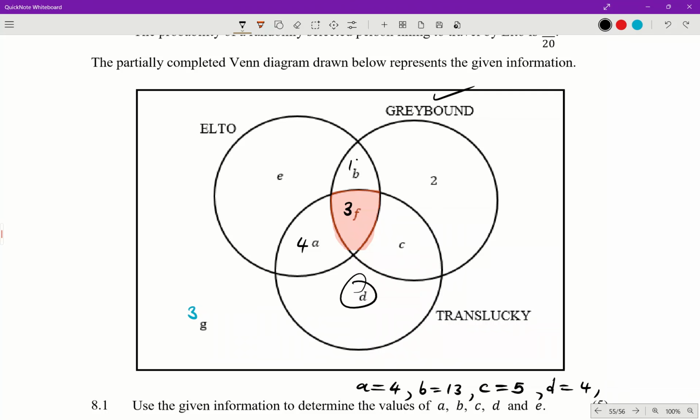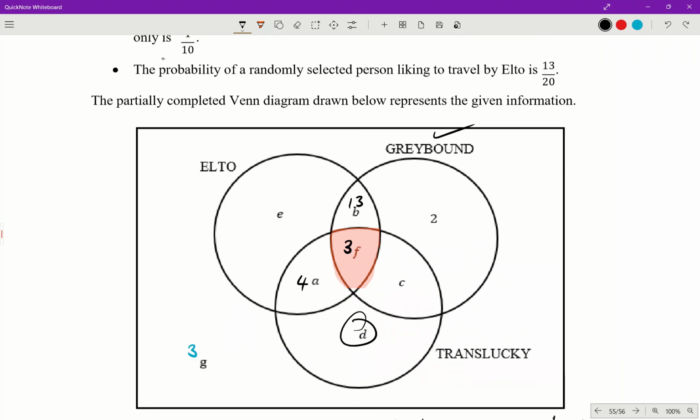So this is 13 there. So to find E is simple, guys. We are given that by Alot is 13 over 20. That's the probability. Remember, here you should have the favorable outcome. So focus on Alot, since they're talking about Alot.